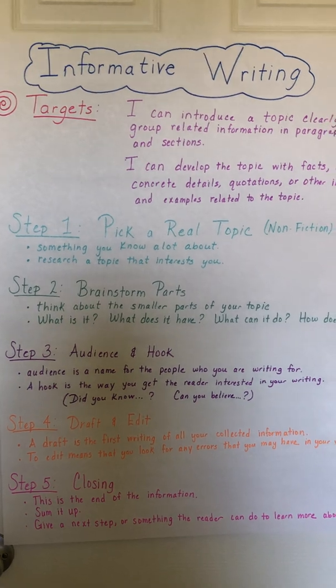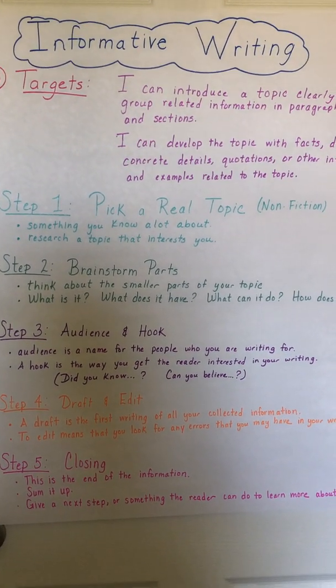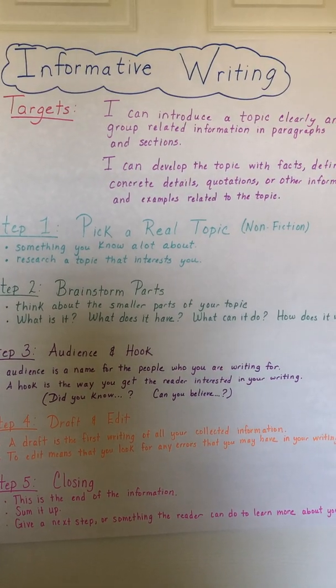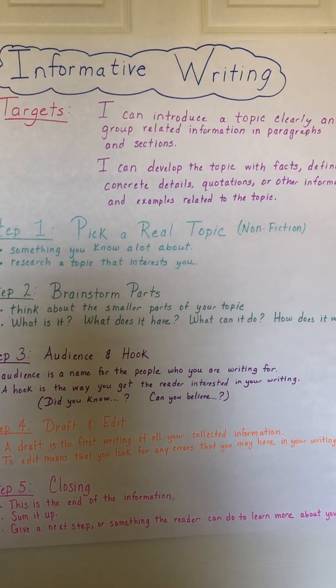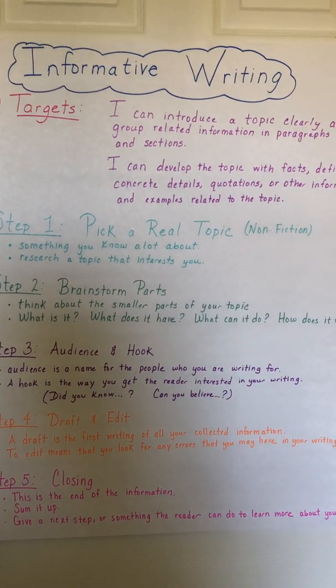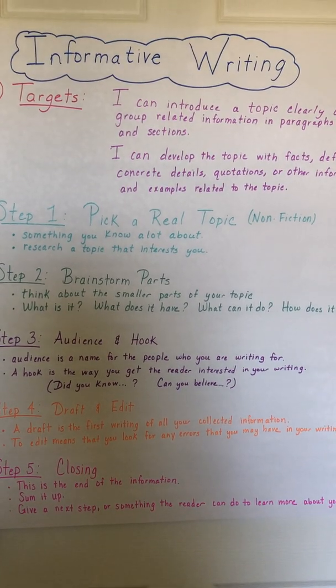So when you are picking your topic, it's really important that you pick something you know a lot about. All right, you don't want to pick a topic that you're unsure of or that you've never really read or heard anything about, because it's going to be really hard for you to pull ideas into your writing. So you want to pick something you know a lot about.